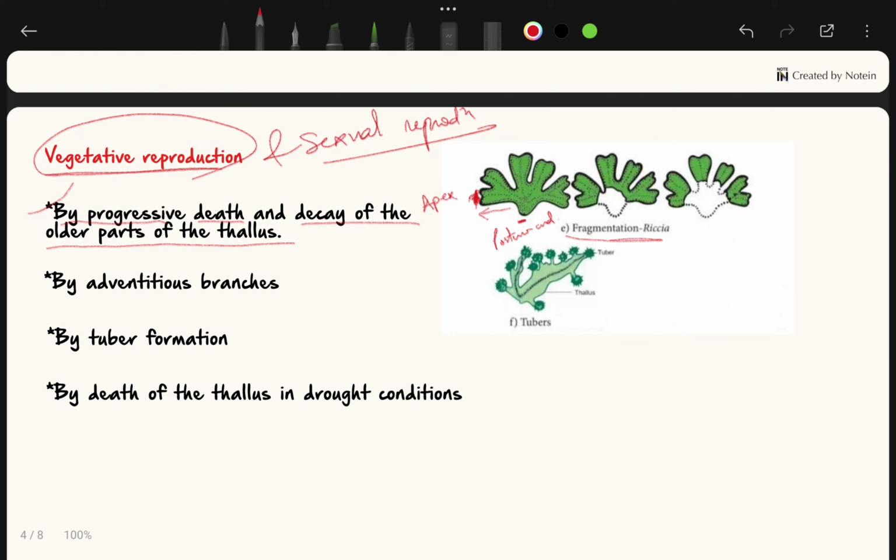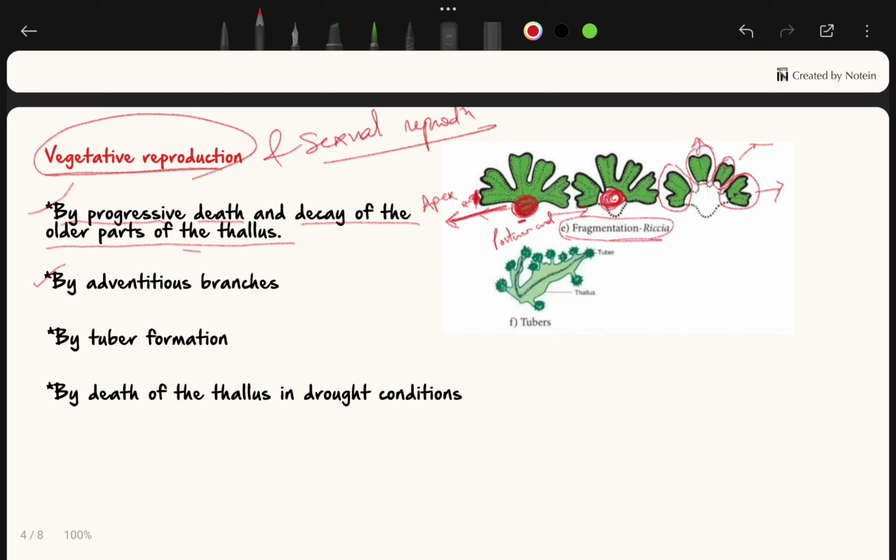This is the younger part of the plant, and this is the older part of the plant. The plant will grow in this direction only. As the plant continues to grow, the older portion will start to die and decay, and over time each of these fragments will be separated from one another, and this will give rise to a new Riccia plant. This will also give rise to a new Riccia plant. So this process is known as fragmentation.